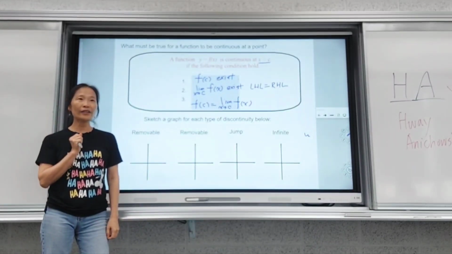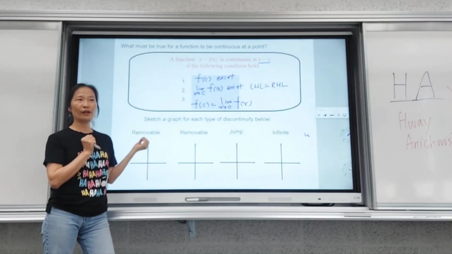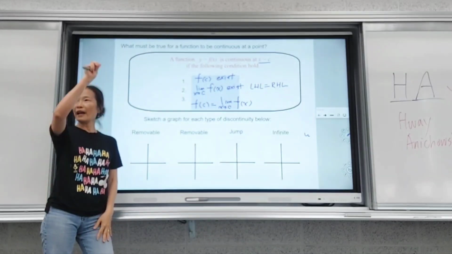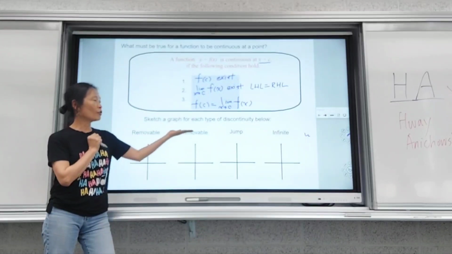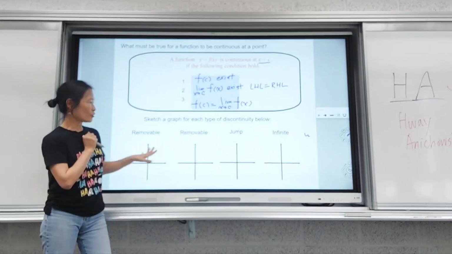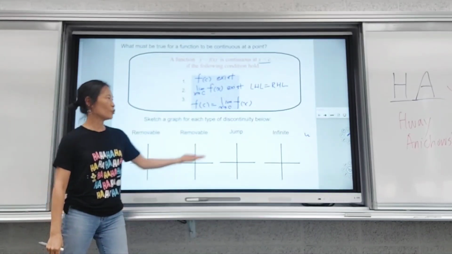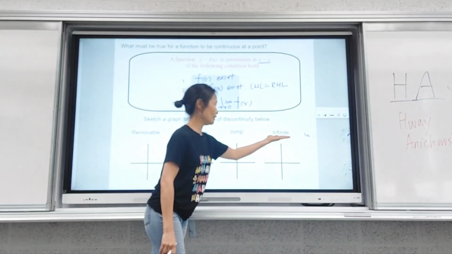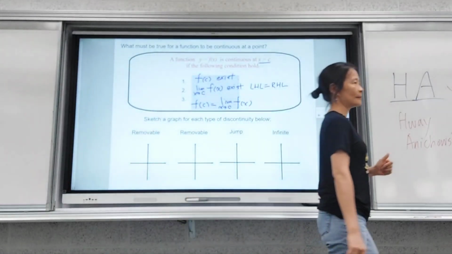I can either put in a point that was not there before, undefined as a whole, or I can adjust the value of that point to make it continuous. So those are called removable. Can you sketch each situation on your OneNote? What is a jump? Like a piecewise function? And what is the infinite discontinuity? So sketch a graph first.